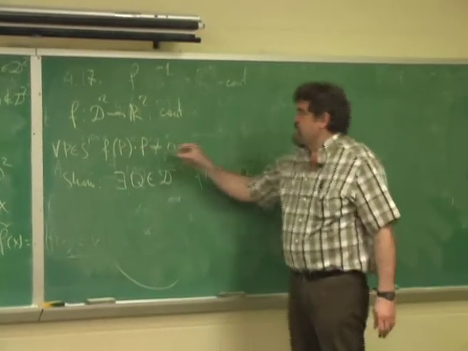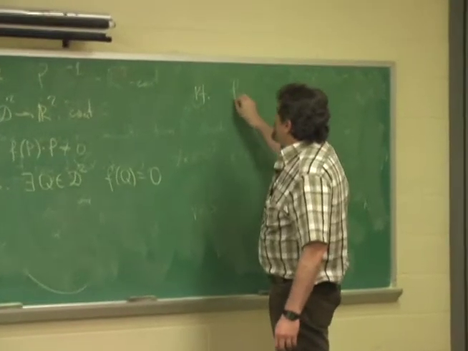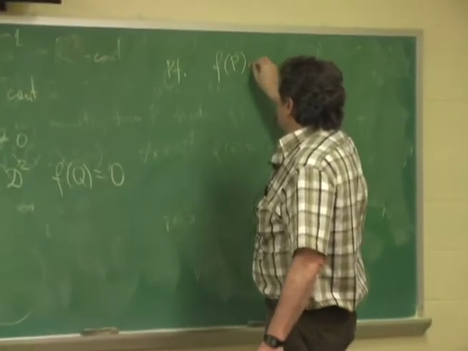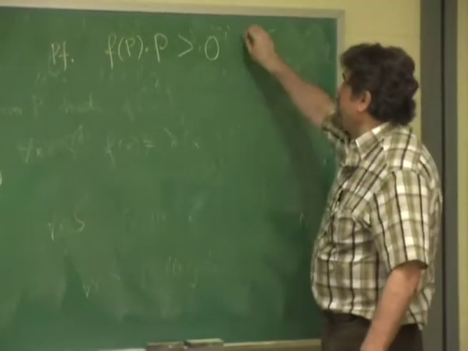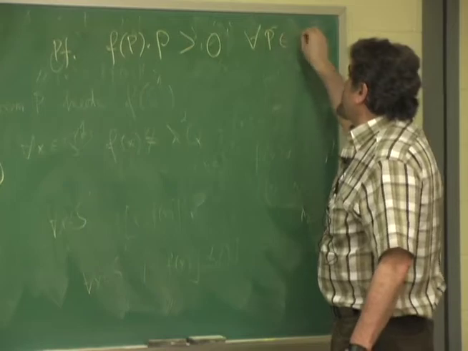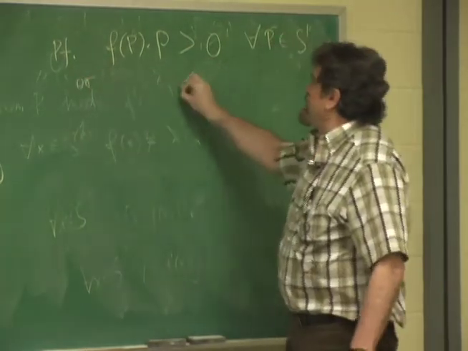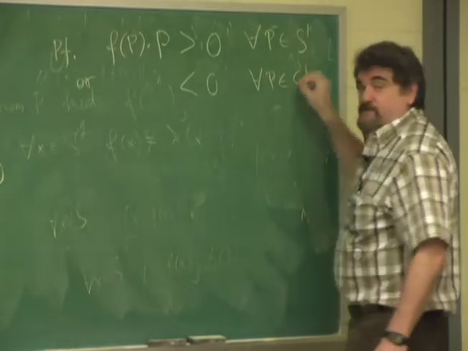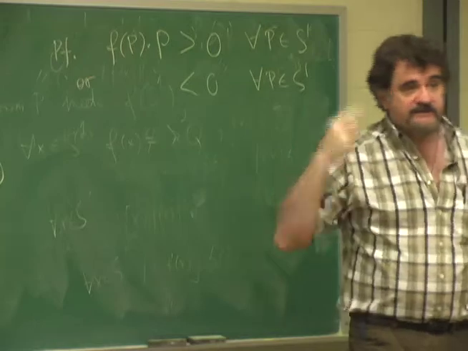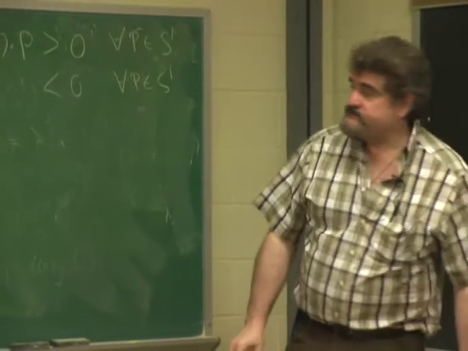So, first proof. F of p dot p is either always positive for any p in S1 or negative for any p in S1, because if it is positive and negative, and this is obviously a continuous function, it has to take the intermediate value.